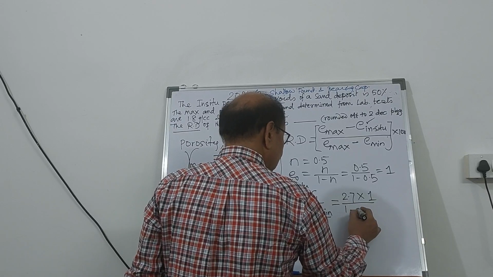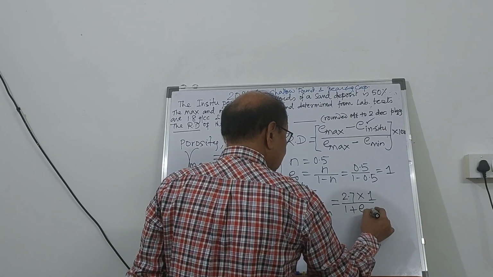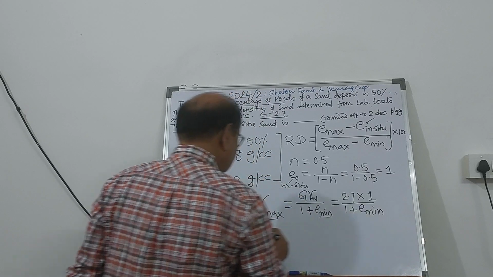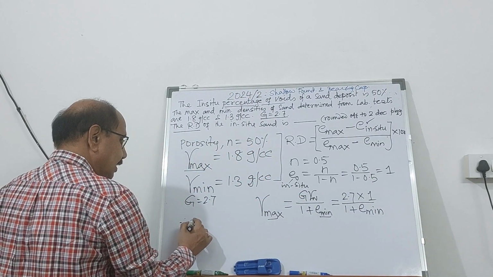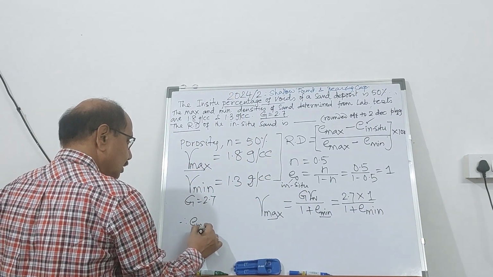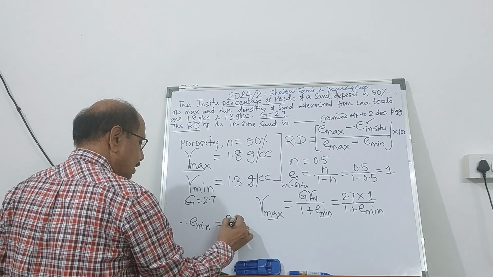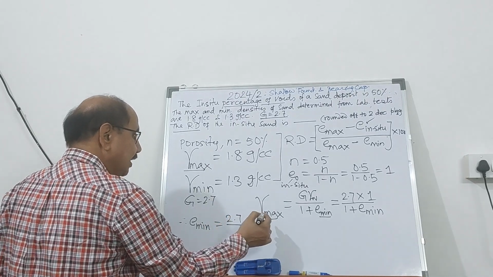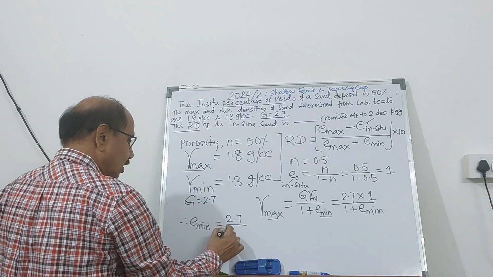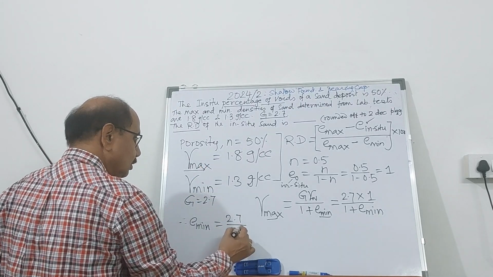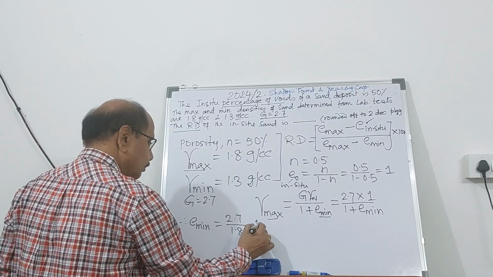Therefore, we can calculate the value of e minimum as 2.7 divided by gamma max, which is 1.8, minus 1.